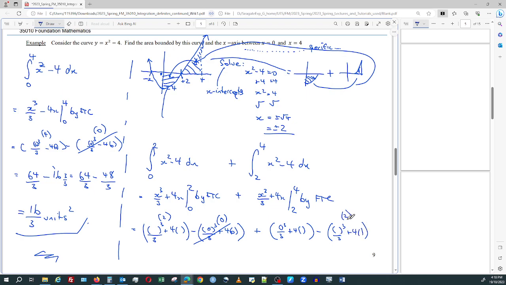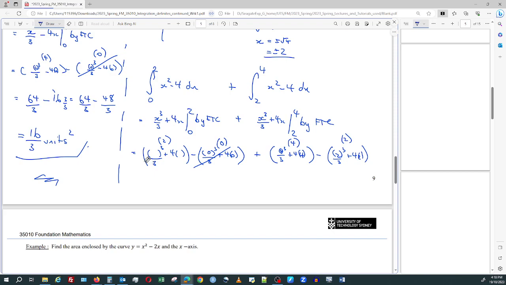This time we're putting 2 in here, 4 in here. We get 4, 4, 2, 2. So we'll need to work those out. And these had a 2 in them. So this is 8 on 3 plus 8. That's minus 0, so we won't even bother with that.